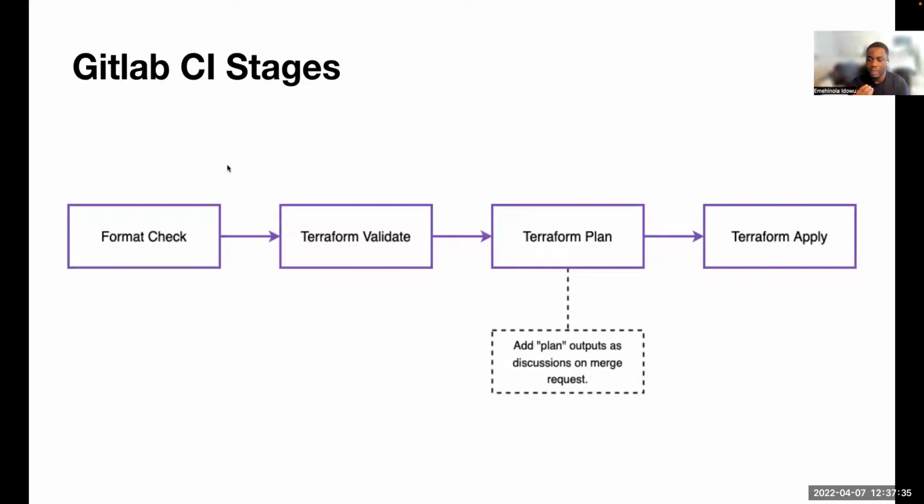Now, I added a little bit of, in quotes, gymnastics to the Terraform plan stage in such a way that for each of these infrastructures, instead of going into the pipeline to check them individually, the changes from your Terraform plan would be added as discussions to your merge request. That way, code is easy to review, and concerns are easily raised.